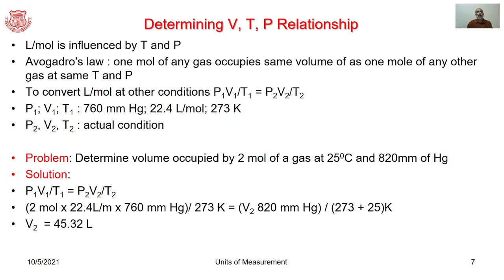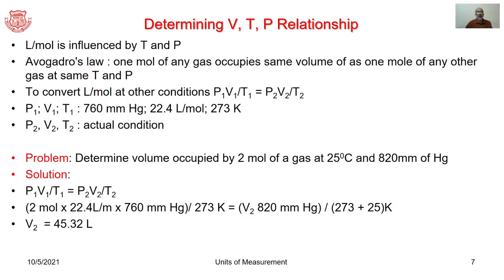As per Avogadro's law, 1 mole of any gas occupies the same volume as 1 mole of any other gas at the same temperature and pressure. So to convert this liter per mole at other conditions, we can make use of the expression P1 V1 by T1 is equal to P2 V2 by T2, where P1 V1 T1 are associated with the standard conditions, whereas P2 V2 T2 are the actual conditions.